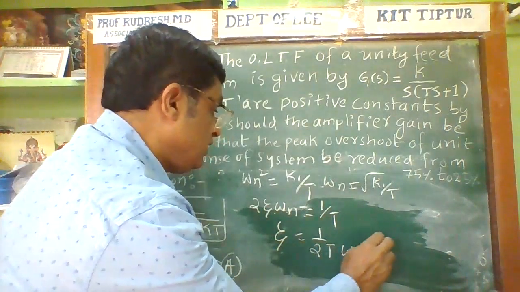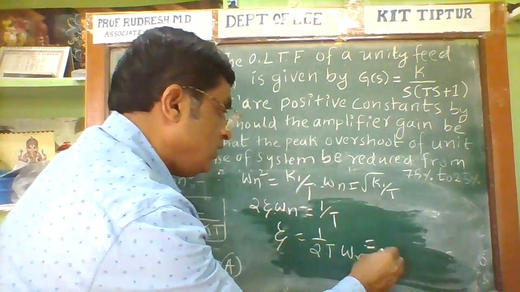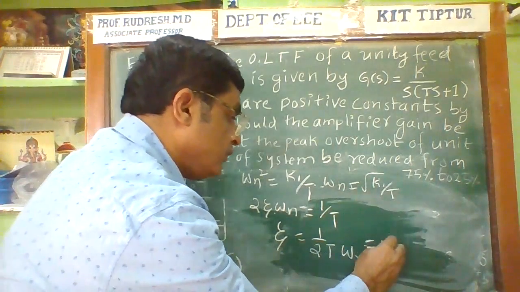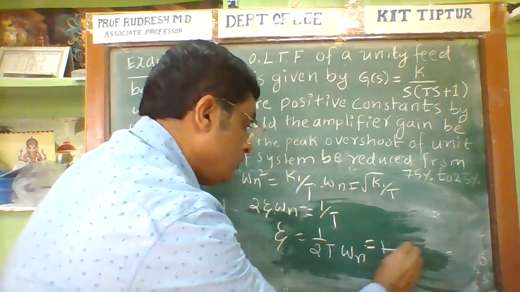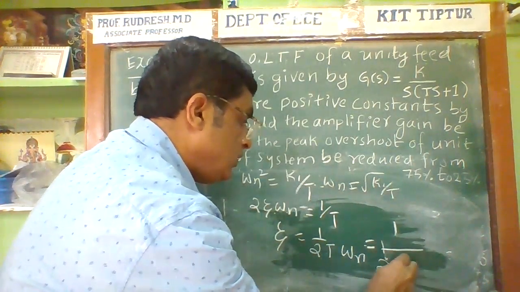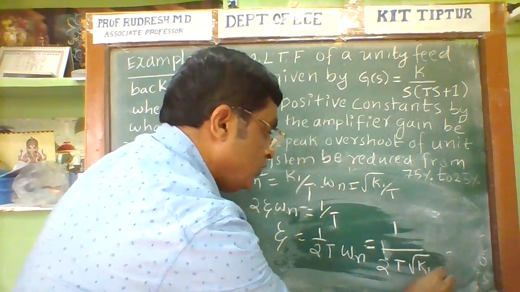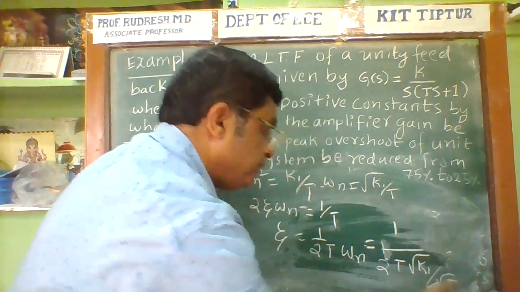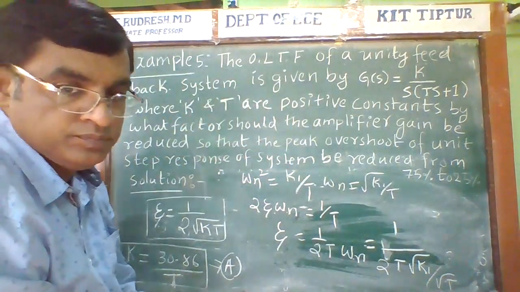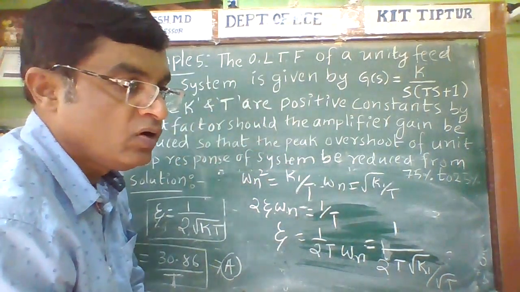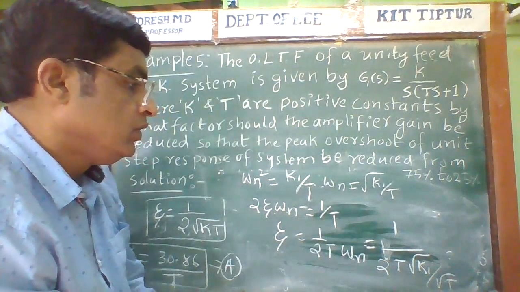Therefore, what is omega n now? Omega n value is equal to square root of k1 by t. So zeta is equal to 1 by 2 into t into square root of k1 divided by square root of t.